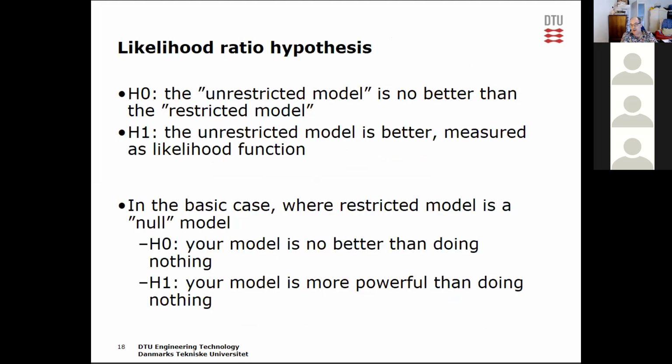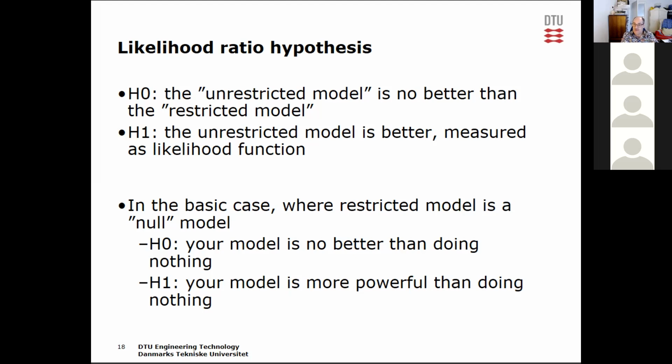So we have this likelihood ratio test. Our null hypothesis is that these two models are not different and we're wasting our time and it doesn't accomplish anything. And the alternative hypothesis is, hey, yeah, there's a difference.